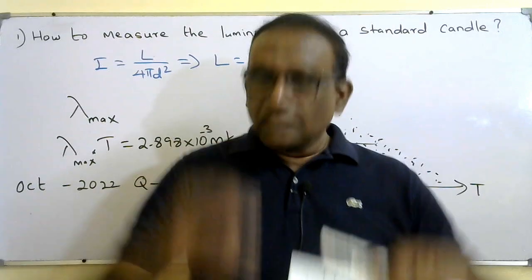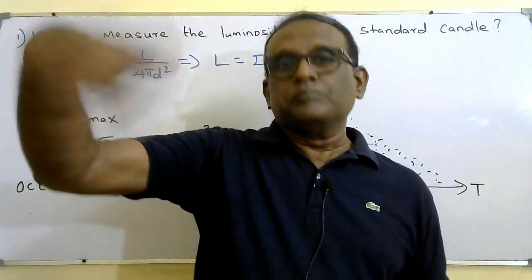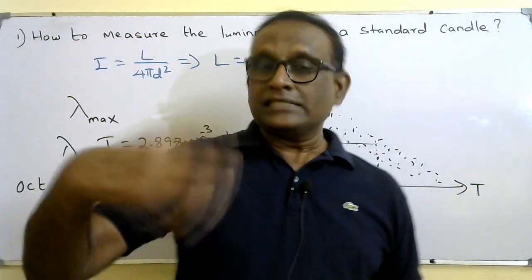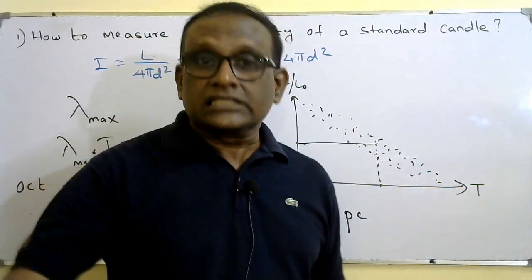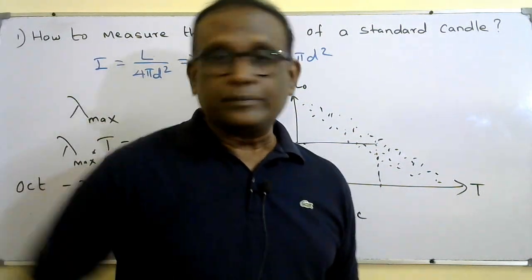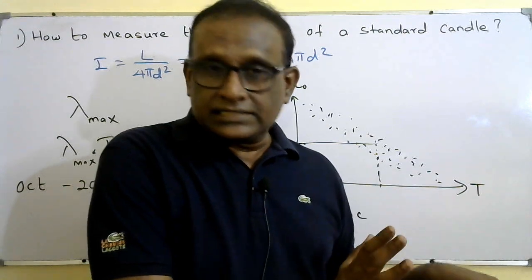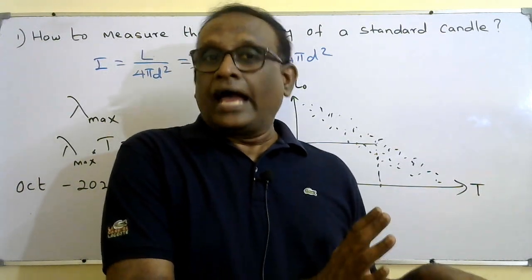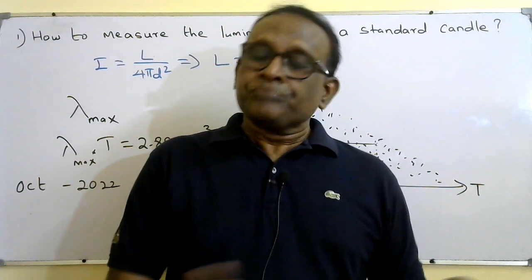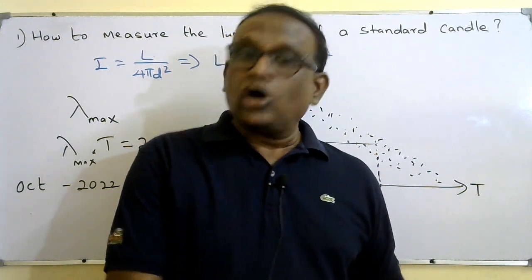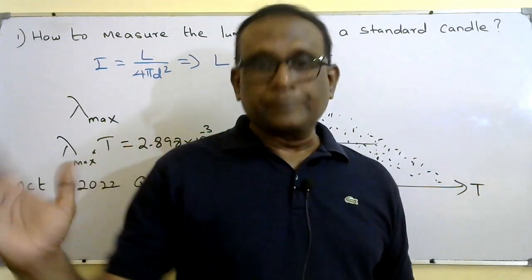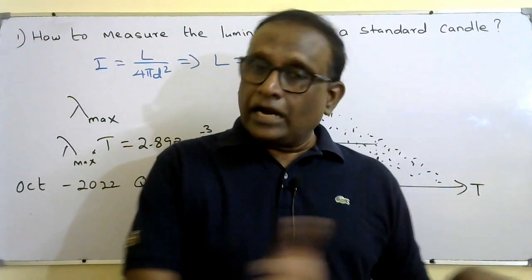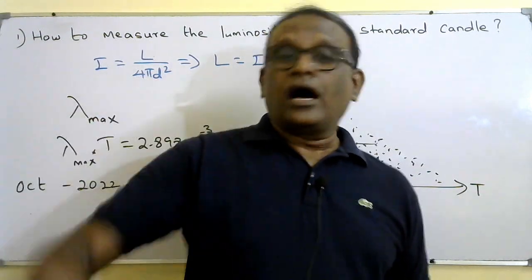If it is more than 100 megaparsec, we can't use the standard candles method. We have to adopt the next method, Hubble's law and the Doppler shift method, redshift in the absorption spectrum.